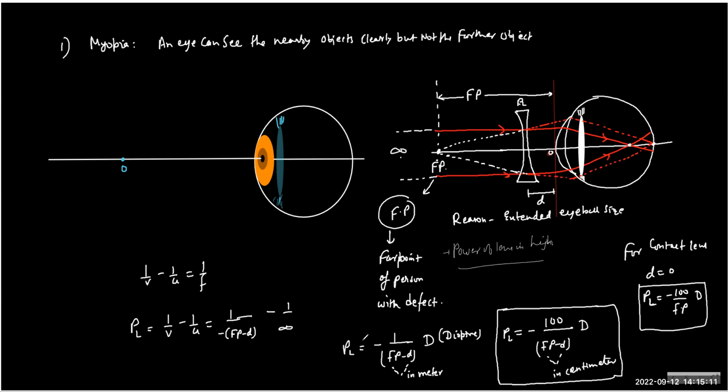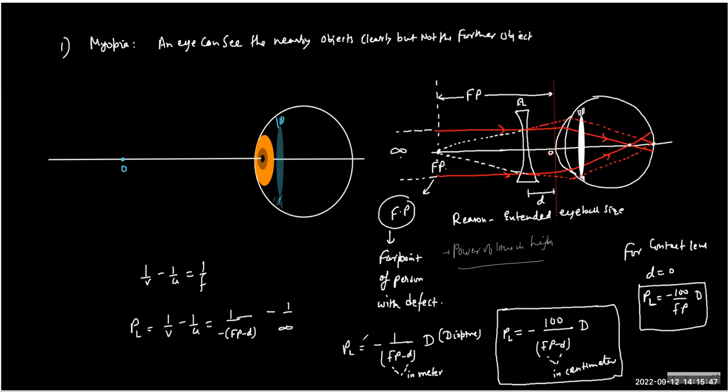You cannot see clearly beyond the far point. So if your far point is 200 centimeter, what is the power of the lens required to see things clearly? It is minus 0.5 diopter, right? Let's say if you can't see even beyond 1 meter, so you have minus 1 D.